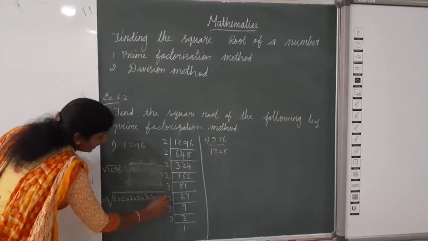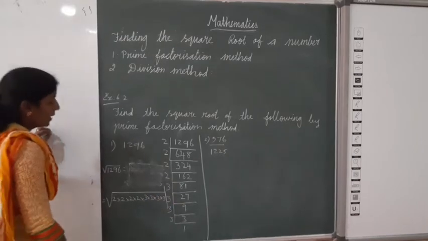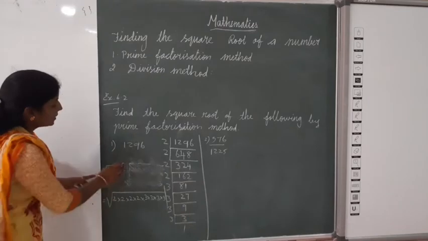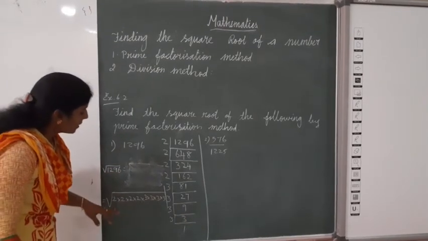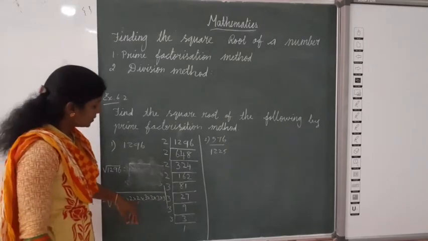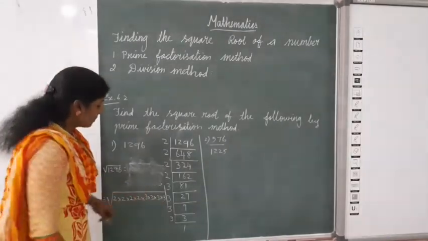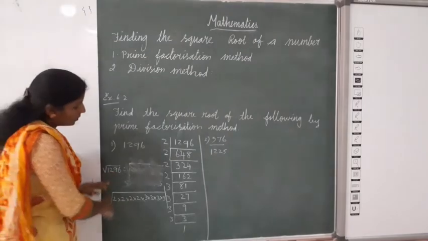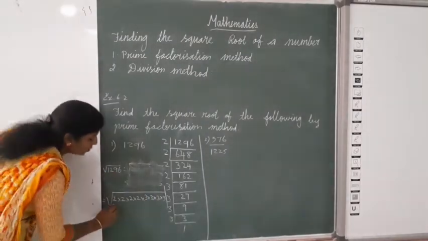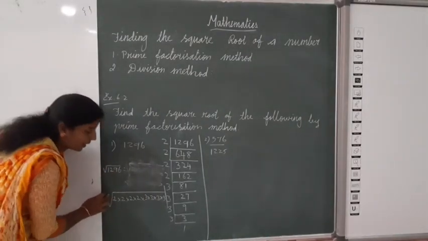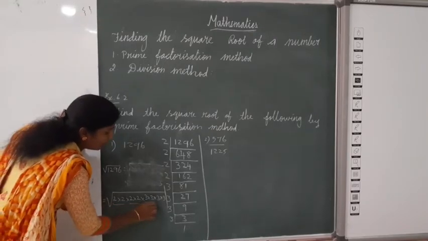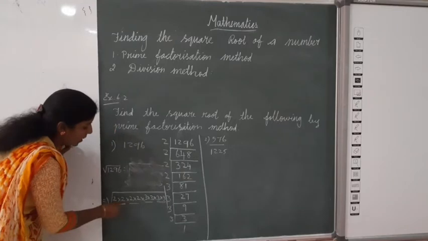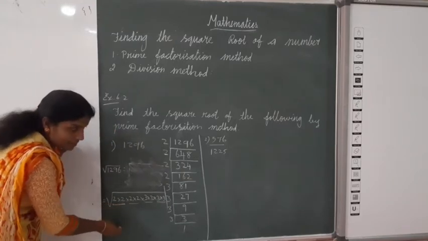3 into 3. Now, square root of 1296 equal to square root of 2 into 2 into 2 into 2, then 3 into 3 into 3 into 3. Now we can remove the square root. We can take 2 in 1 outside because this is square root. We have 2, 1 means we can take outside 1.